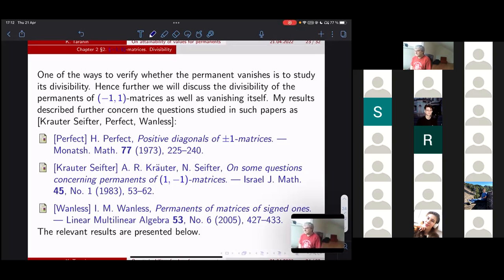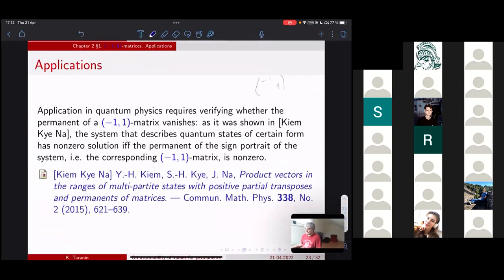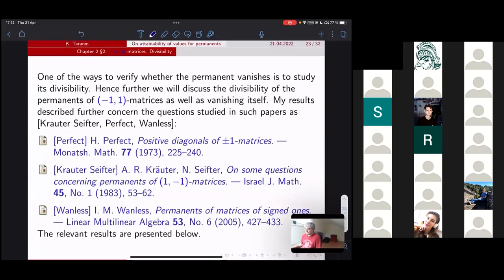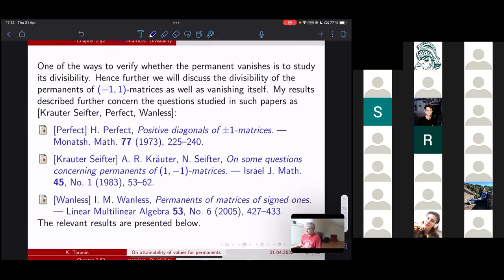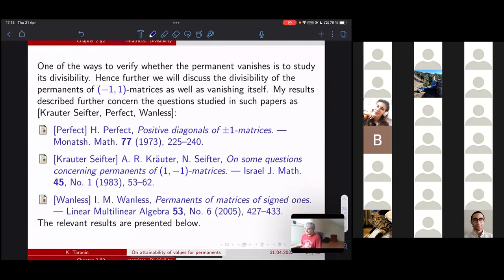Okay, so Hazel, Kreuter and Zeifter proved already 40 years ago some results on the divisibility of permanents of ±1 matrices by the powers of 2, but they did it with the help of really complicated work of Hazel Perfect.